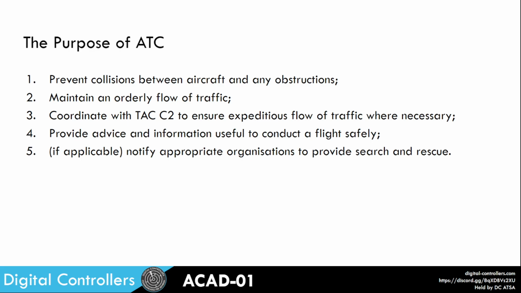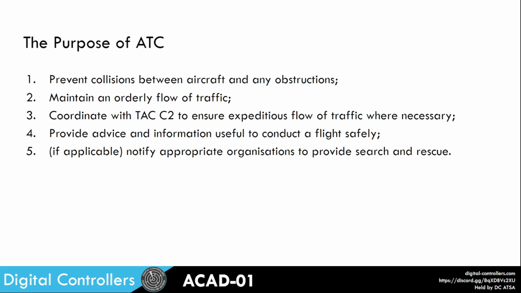The number one thing that we always do is we want to prevent collisions between aircraft and any obstructions, be that other aircraft, the side of a mountain, or telephone poles, vehicles on aerodromes, things like that.